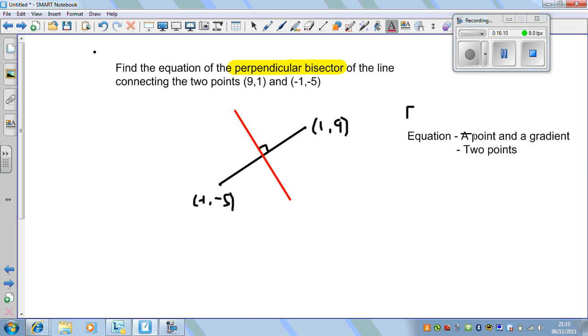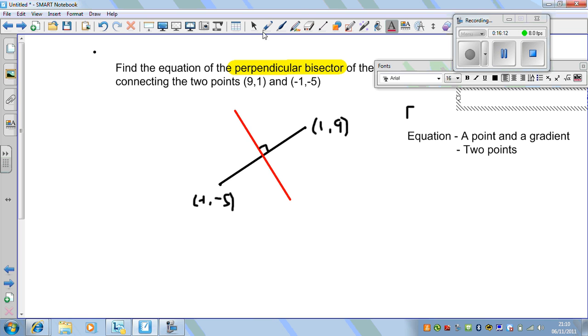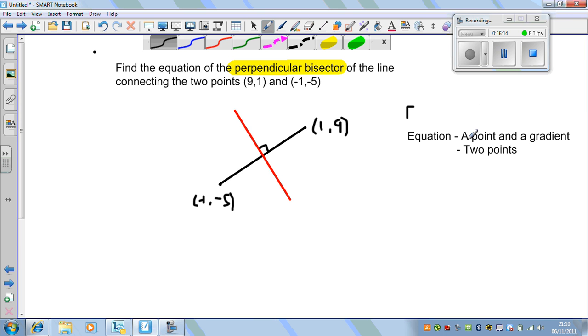We can either figure out the equation by working out 1 point and then the gradient of the line, or we can work out the equation by finding 2 points on the line. Now, this is why it's such a tricky question, because we've got 2 points on this line here, but the question says find the equation of the perpendicular bisector.